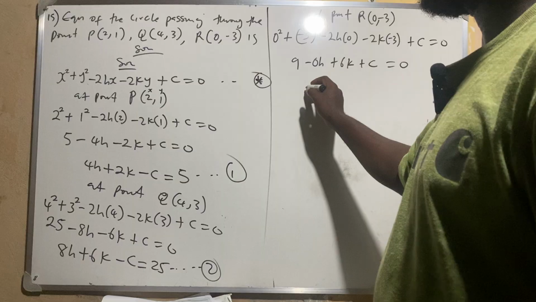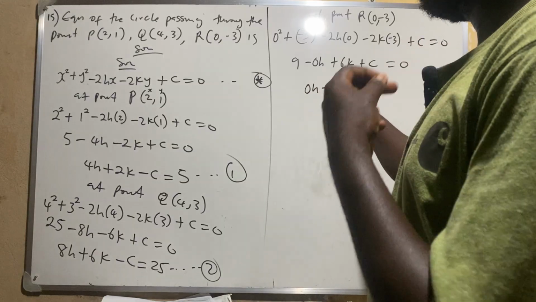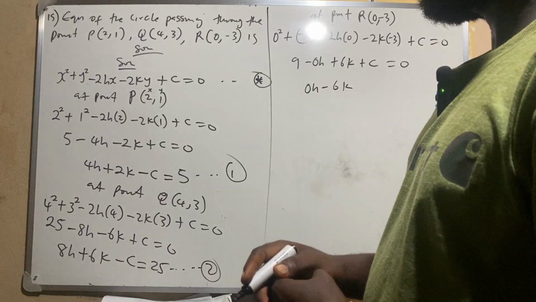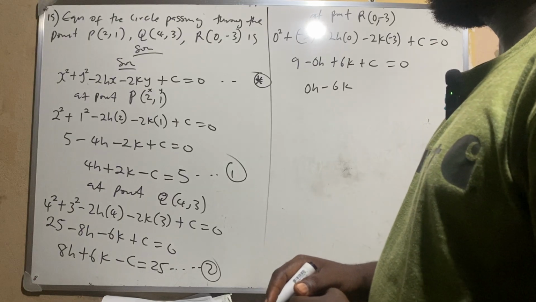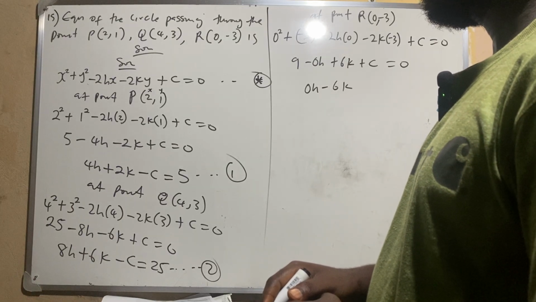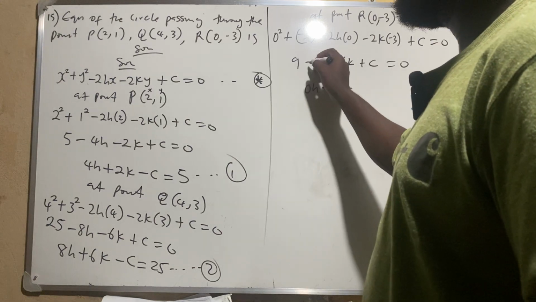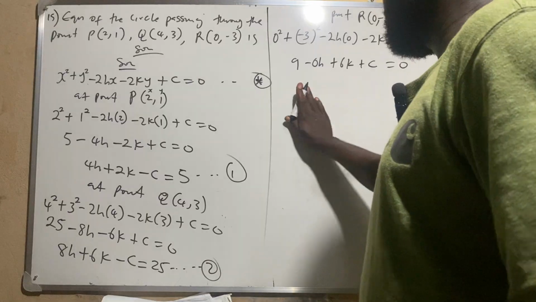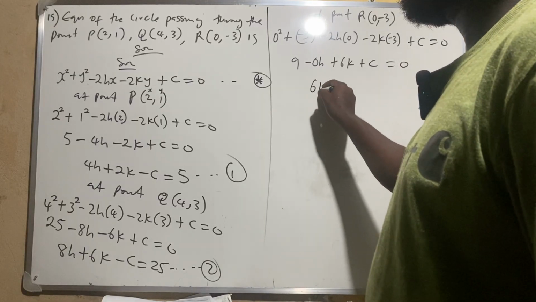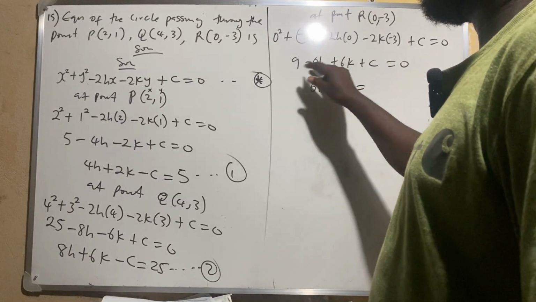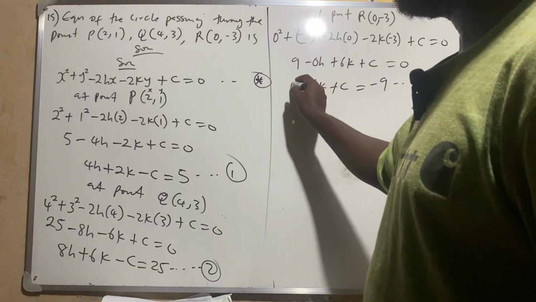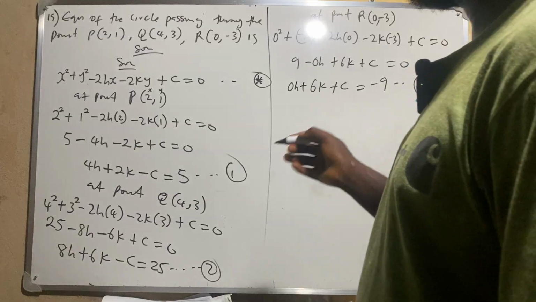So we now have that 0h minus 6k. I want to move everybody. Okay, so this 0 does not affect anything, so let me say that this is gone. So I have 6k plus c is equal to, this one moving here, minus 9. Equation 3. Okay, so let me put 0h. It does not change anything.